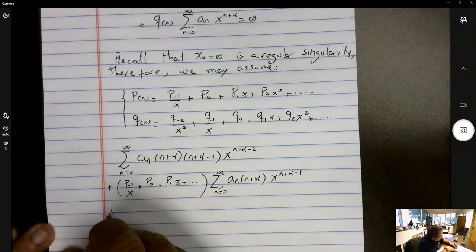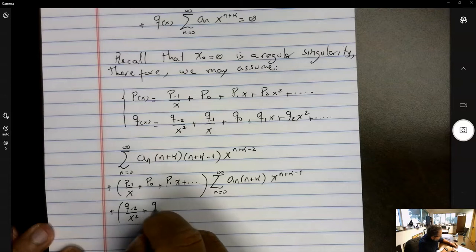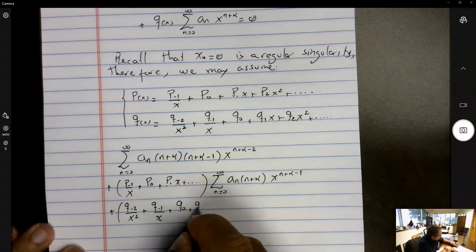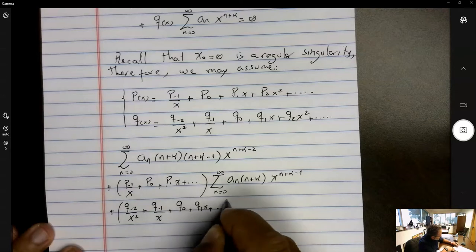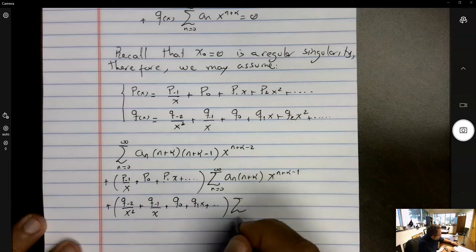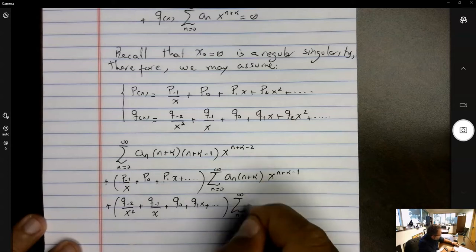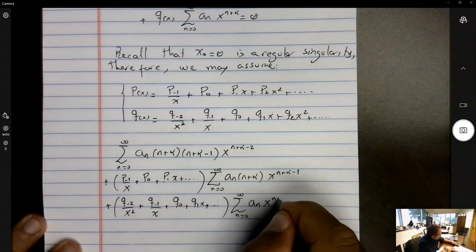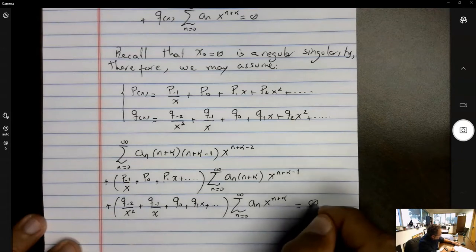And the last one would be q_minus2 over x squared plus q_minus1 over x plus q0 plus q1 x plus so on and so forth. So that power series also for the function q, n equals 0 to infinity, a_n x to the n plus k, and all of this is equal to 0.